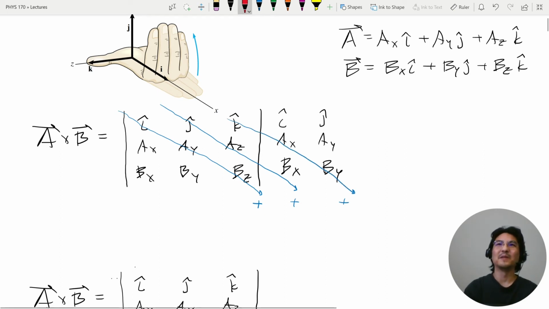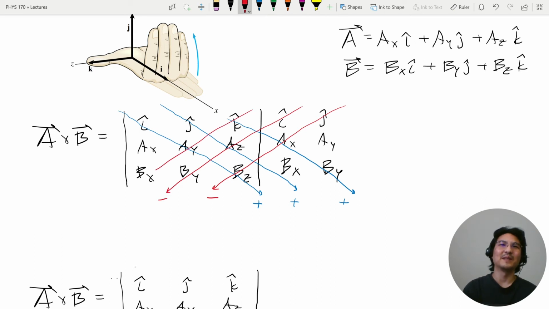Then you go this way, this times this times this, and that's going to be negative, and then this times this, negative, that times that, negative.